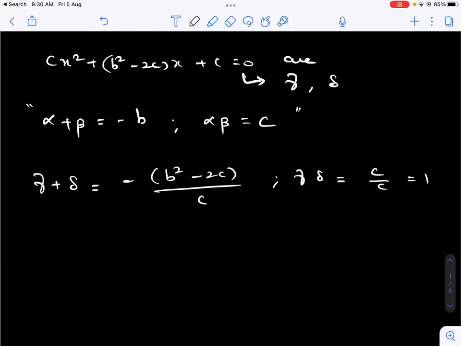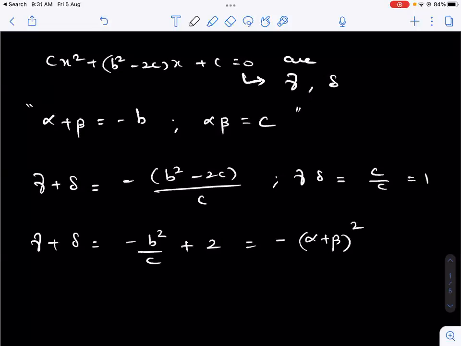Right? So gamma plus delta, can I write gamma plus delta is equal to minus b square by c plus 2? Can I do that? This is equal to minus, what is b square? Alpha plus beta the whole square, because minus b is alpha plus beta.